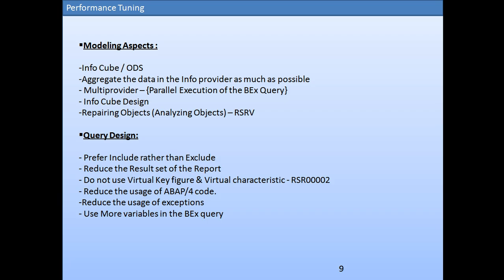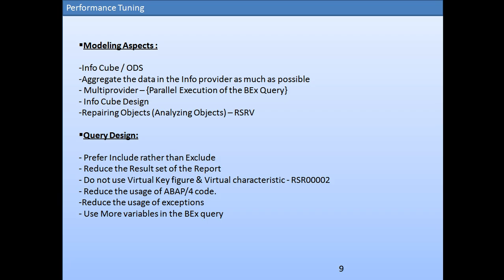Let's say I've got an ODS with C1, M1, C1, M2 with some 10 and 20, and I've got a cube only with customer because I would like to store more in aggregated format. So only with customer, then what happens? If I load these two records, will it aggregate these two records as one record into my cube at the time of loading? Because request ID is same and customer is also same, so it says C1 as what? 30. So when I reduce my InfoObjects in the cube, it becomes more aggregated. We used to do that.